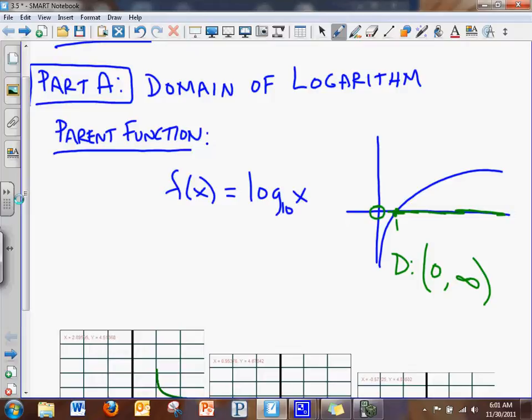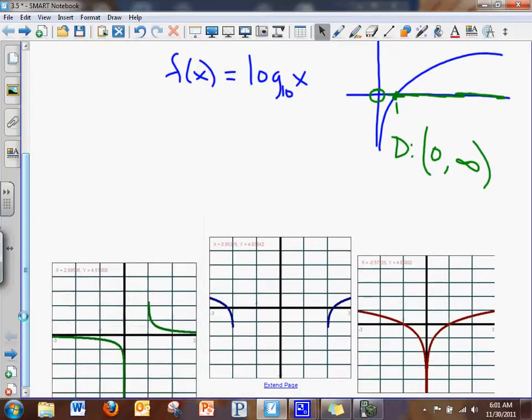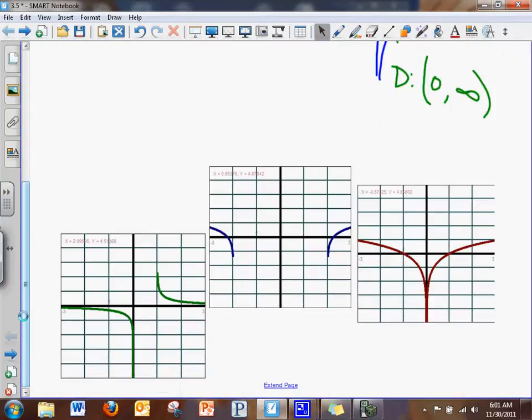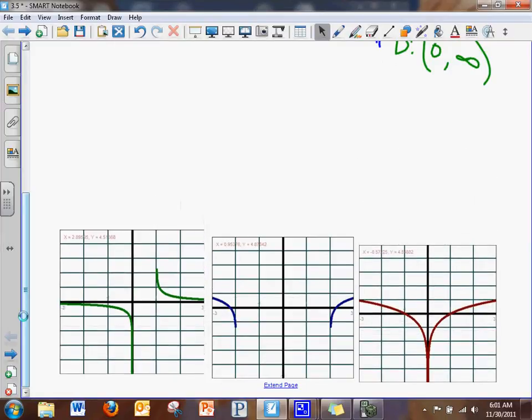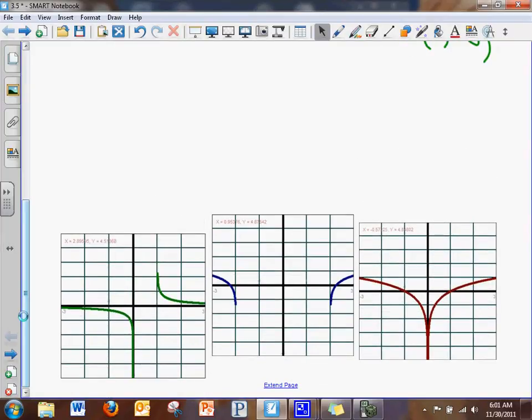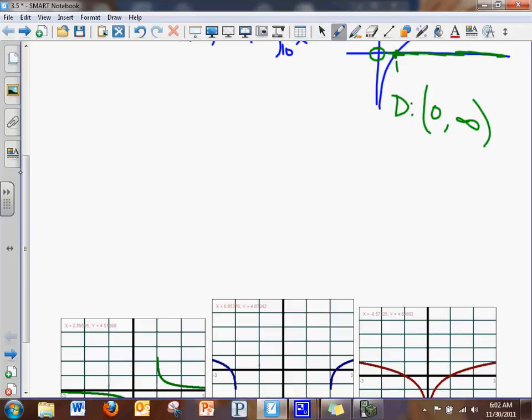So what we're going to do in this video is look at three different log functions. Here are the graphs. We're going to match up each function to a graph based on the domain that we get for that function. So let's get going here. Here are my three functions.